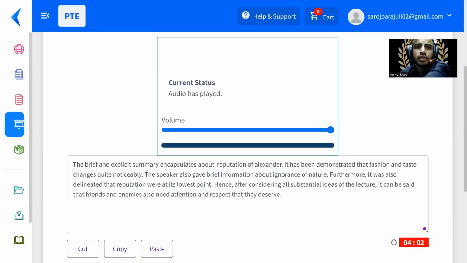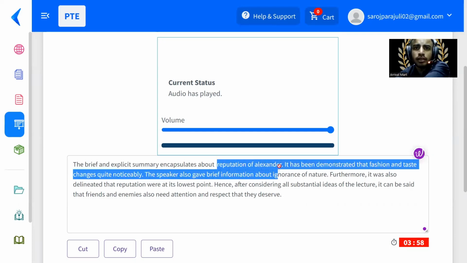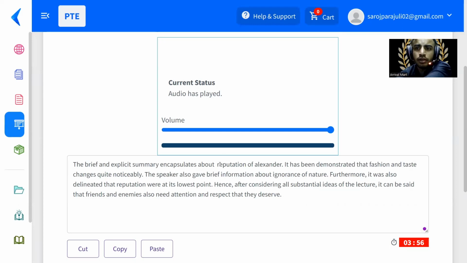The brief and explicit summary encapsulates about repetition of Alexander. Make sure there is no double space over here. Okay. And it has been demonstrated that fashion and taste changes quite noticeably. The speaker also gave brief information about ignorance of nature.